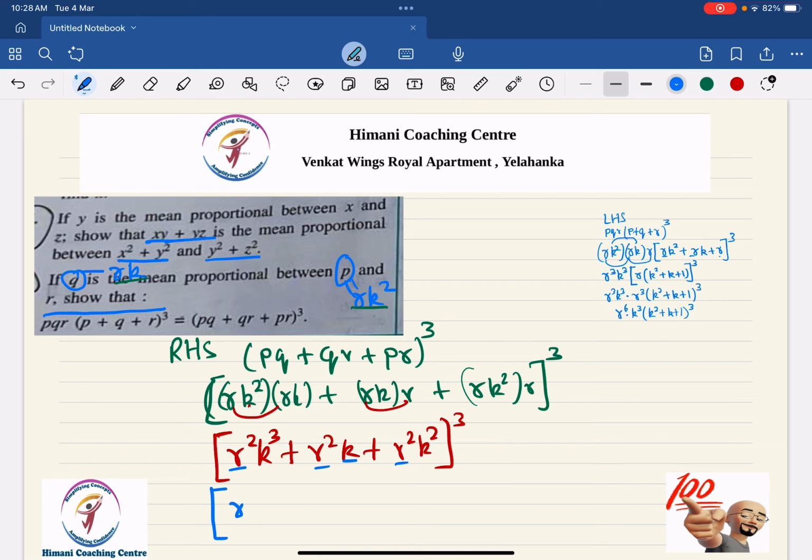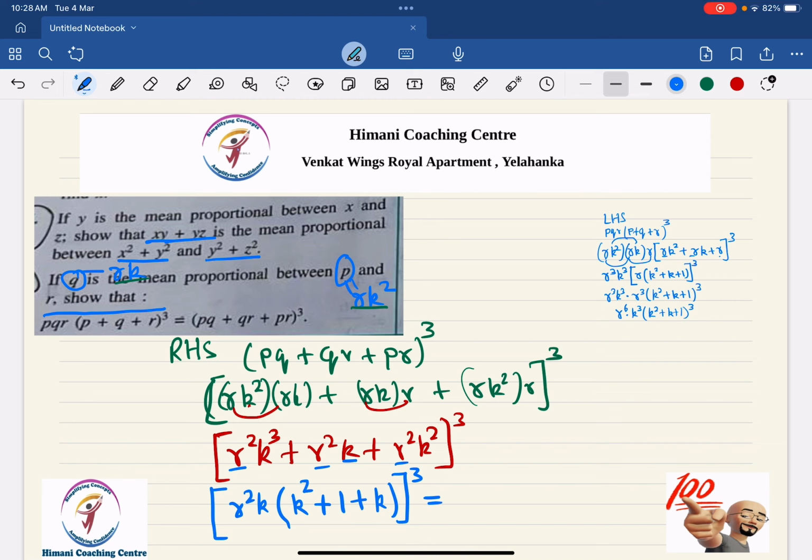So we are going to take R square K common and we are left with K plus 1. K cube divided by K would be K square. R square K divided by itself would be just 1, and here R square K square divided by R square K will just give me K, and that is getting whole cube.